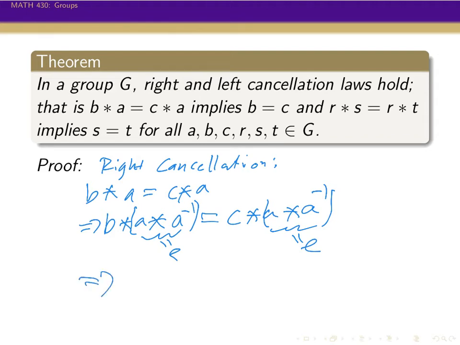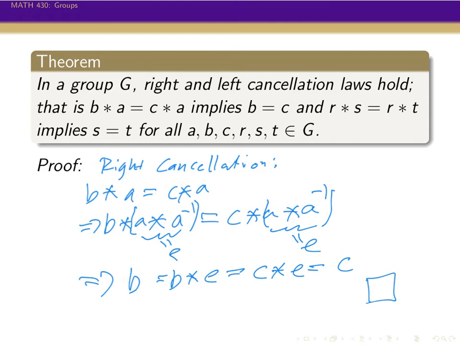And so we have that B times the identity is equal to C times the identity, and B times the identity is B, C times the identity is C, so B equals C, and we're done.